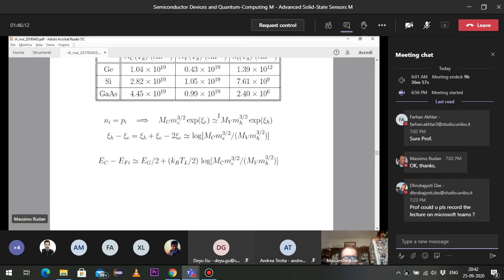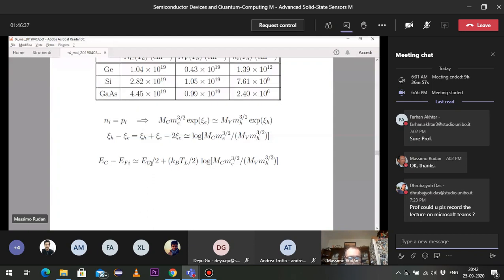We keep the coefficients because they are actually different from each other, but we use the exponentials. This calculation is elementary, and what we find is that the distance of the Fermi level from the edge of the conduction band is equal to half gap.